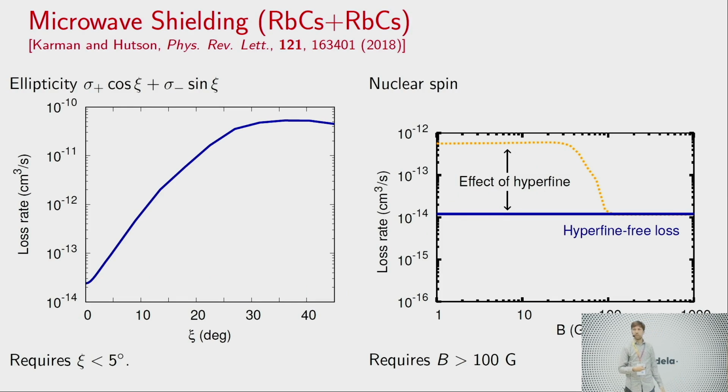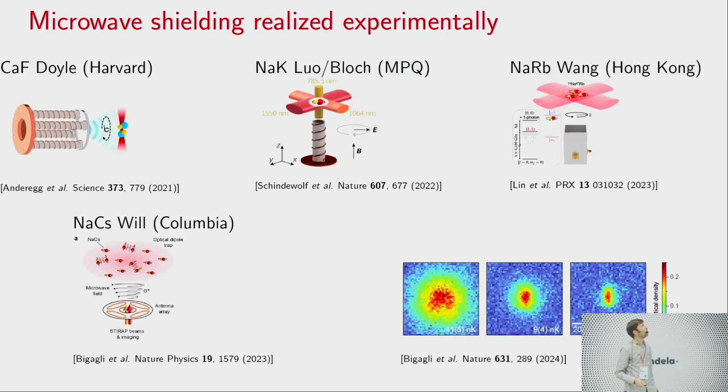Fortunately, we also find that you can really suppress this by applying a very modest magnetic field. So in practice, this isn't really an issue. And so I think these quantitative studies really were helpful in guiding experimental realization.